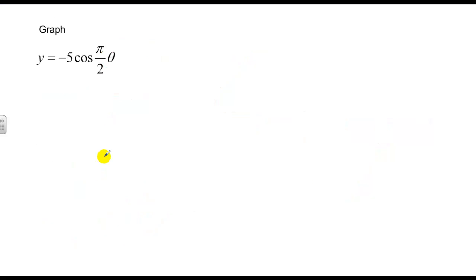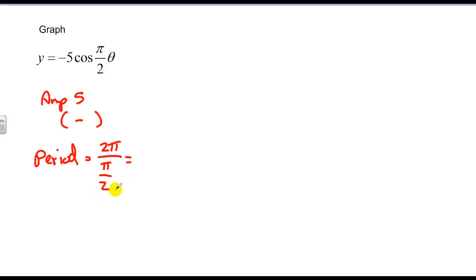So in this problem, once again, we'll identify our amplitude, which is 5, but we have to remember we're multiplying by a negative. Period is calculated by taking 2 pi over my k value, and k in this case is pi over 2.